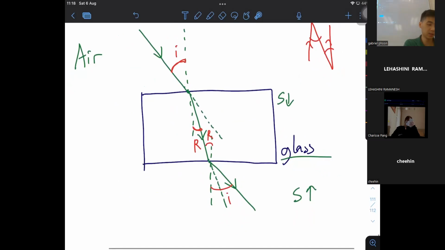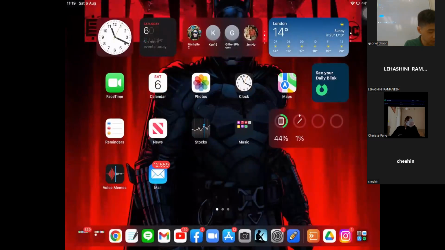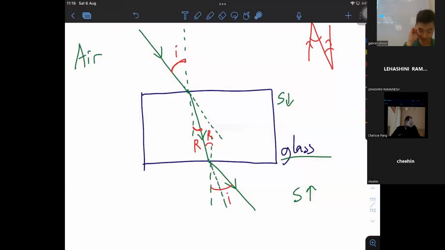My iPad is lagging. My pen is off, the battery. Oh my god, it's actually off. Okay, good. Forgot to charge it. Nice. But anyways, let's change it back. Okay. Can you guys see my drawing online?